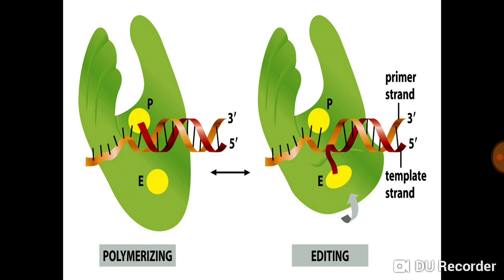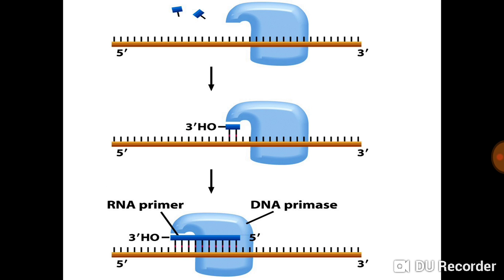Topoisomerase proteins surrounding the unzipping strand relax the twisting that might damage the unwinding DNA. The cells prepare for the next step, that is the elongation step, by creating short sequences of RNA called primers that provide the starting point of elongation.